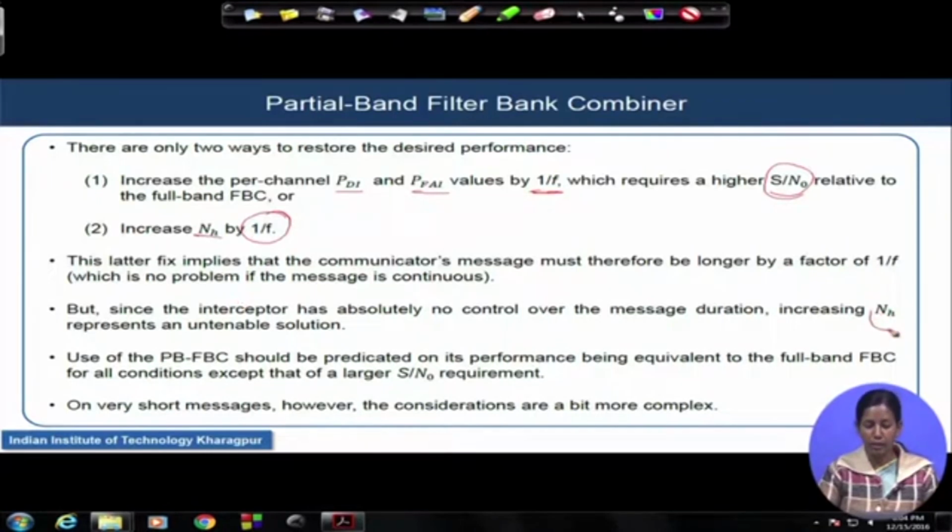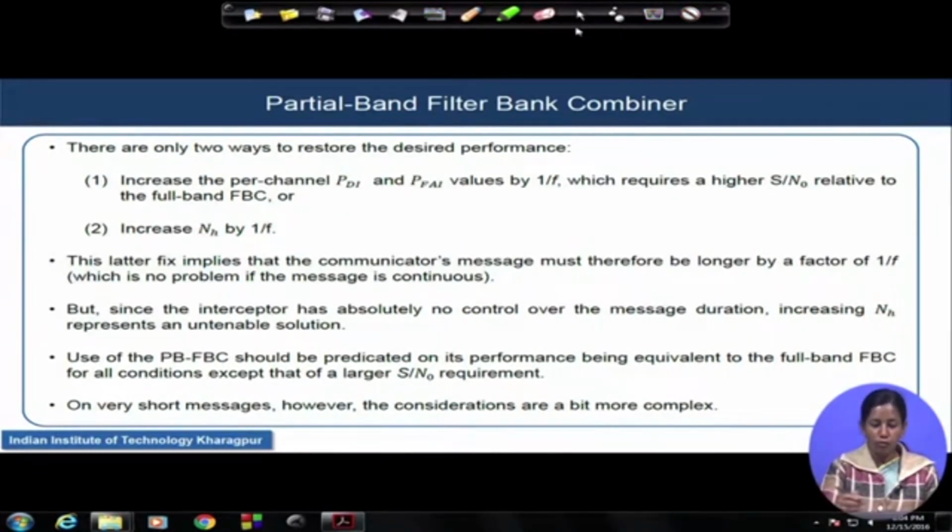So increasing NH is not feasible, and the use of PBFBC should be predicated on the case that its performance can be improved by using a larger value of S by N0. For a very short message, keeping this requirement itself is a problem. You should understand that limitation of PBFBC.